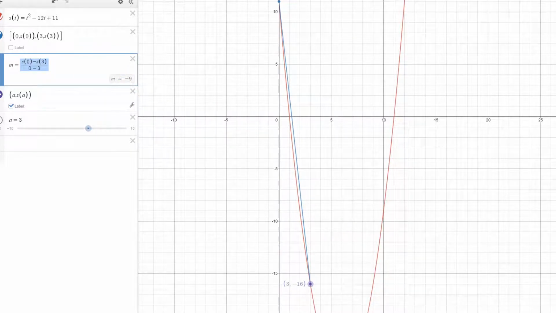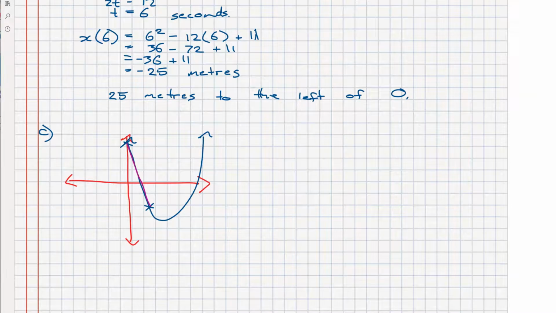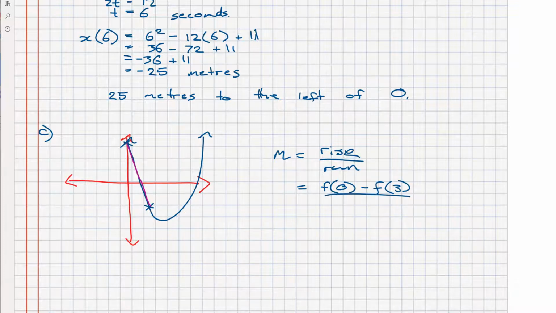Well, it's simply asking for the average, and we're simply applying the formula, rise over run, and effectively that's going to be f of 0 minus f of 3, and by f I mean s.